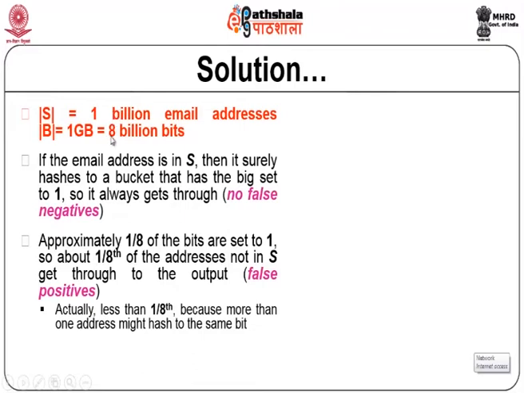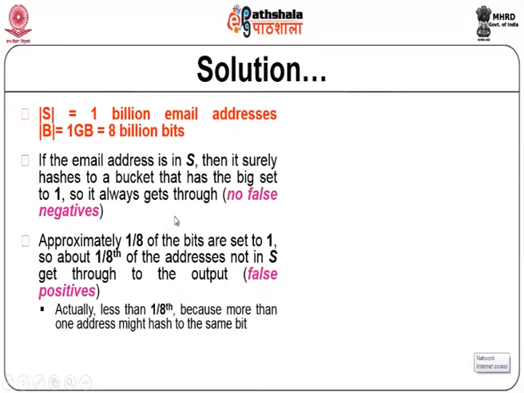Therefore, totally you require 8 into 1 billion, which is 8 billion bits. So, if an email address is in the set S, then it surely hashes to a bucket that has the bit set to 1. So, it always gets through. In other words, no false negatives will be there.